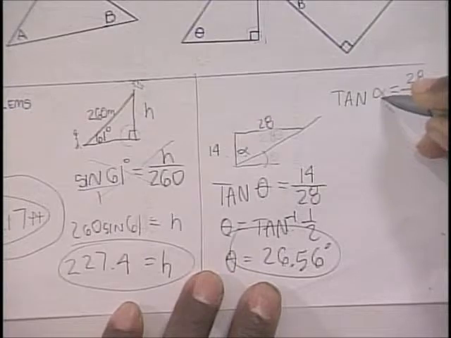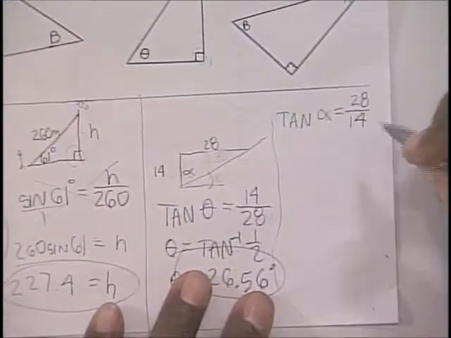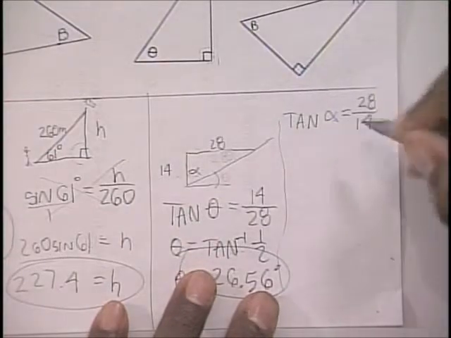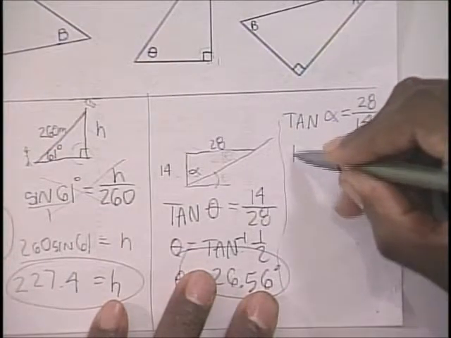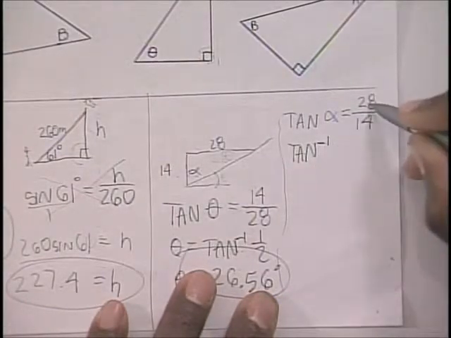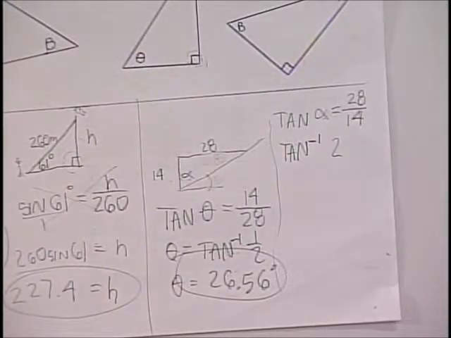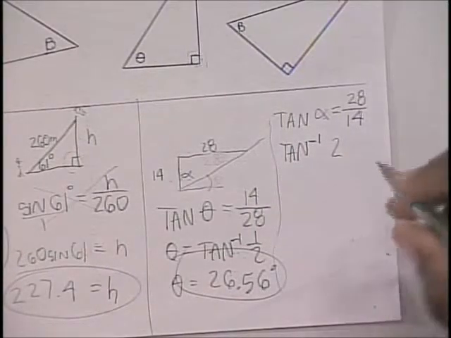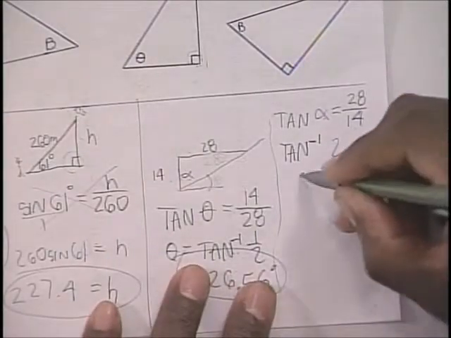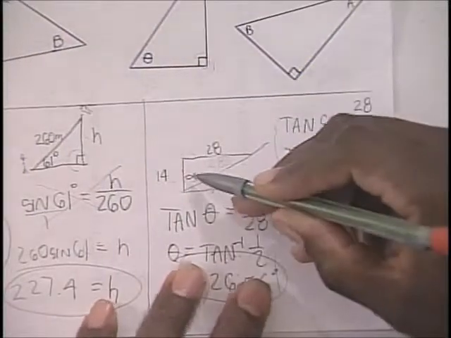Again, you don't know this angle, so you could take the inverse tangent of both sides. You end up with the inverse tangent of 28 over 14, the inverse tangent of 2. You put that in the calculator and you get 63.4. Alpha is equal to 63.4.